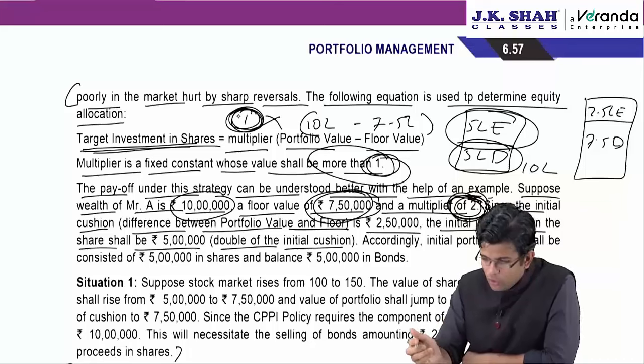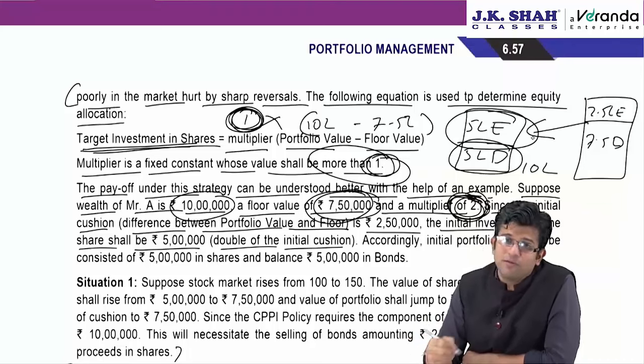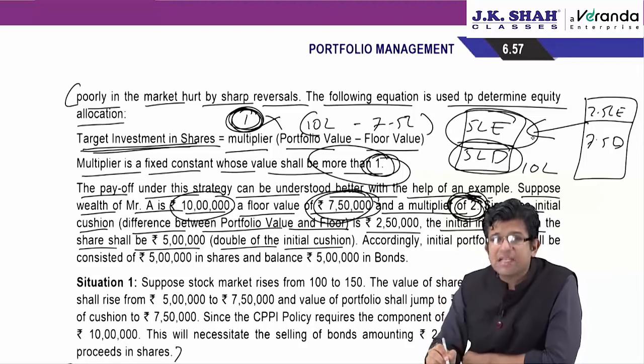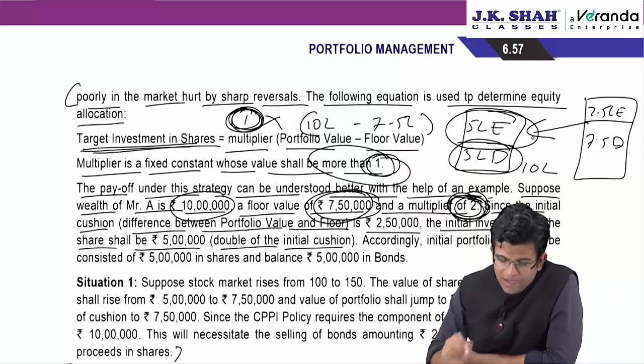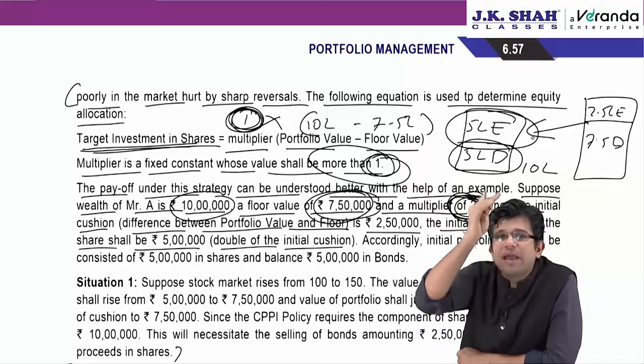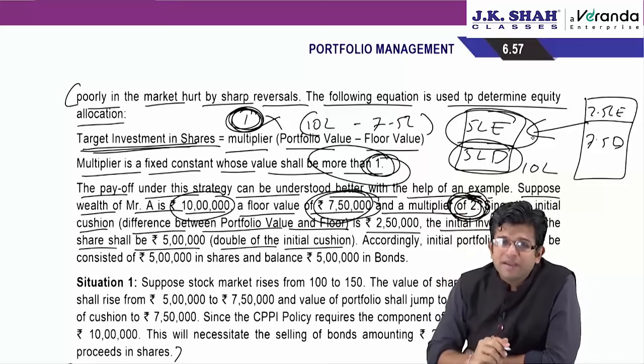When the multiplier went to 2, the portfolio is like this now, 5 lakh in equity and 5 lakh in debt. Had the multiplier been 3, 7.5 lakh would have been in equity, only 2.5 lakh would have been in debt. Therefore, as the multiplier increases, the risk appetite increases.